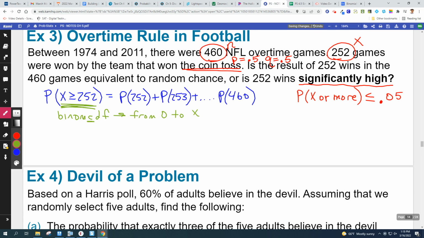So in order to do what we need, think about what we don't want. We don't want from 0 to 251. So what we can do with our TI is say 1 minus the binomial CDF from 0 to 251.